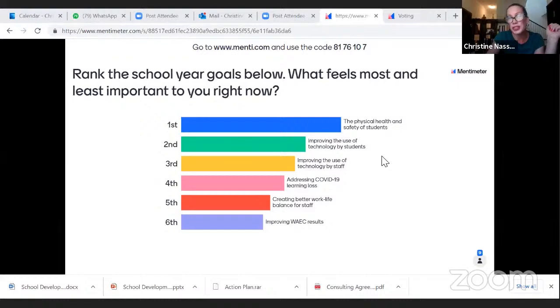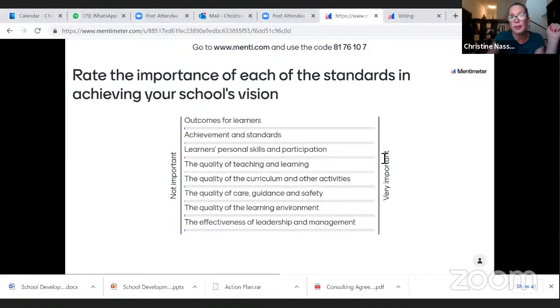Now, our next question to you is, we want you to rank which standards are most important in achieving your school's vision. So if your school's vision is, for example, focused on the inclusion of all learners, it might be that the quality of care, guidance, and safety is up at the top.